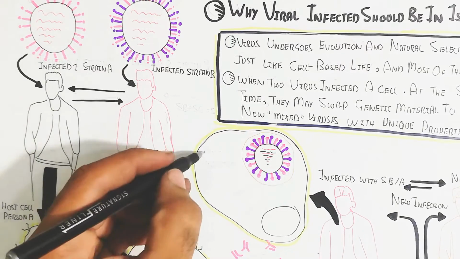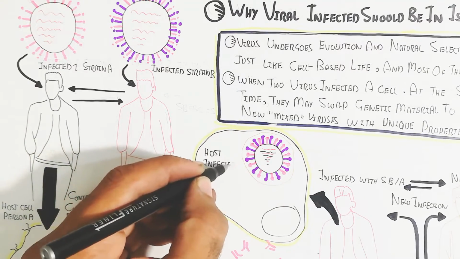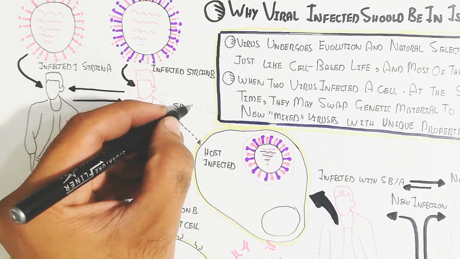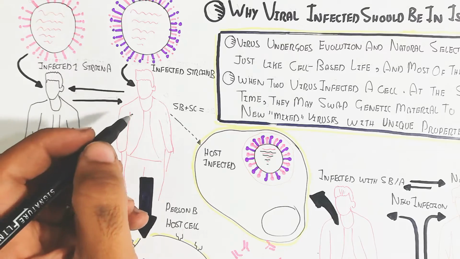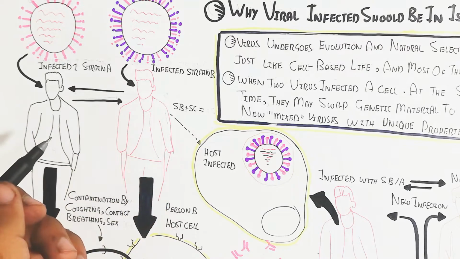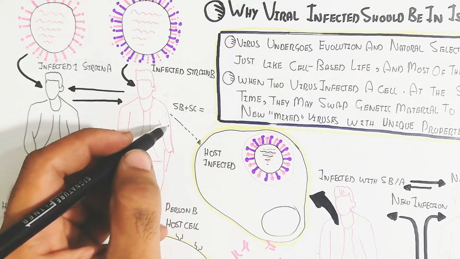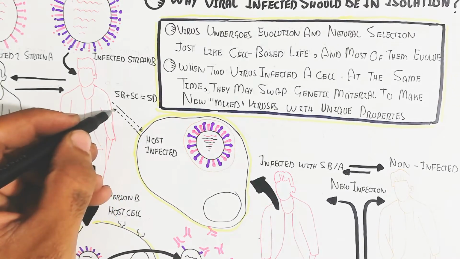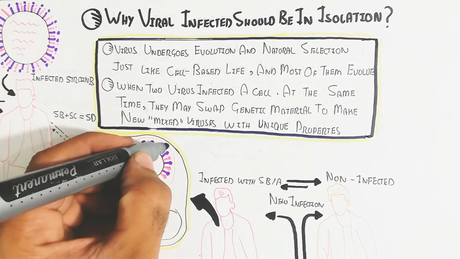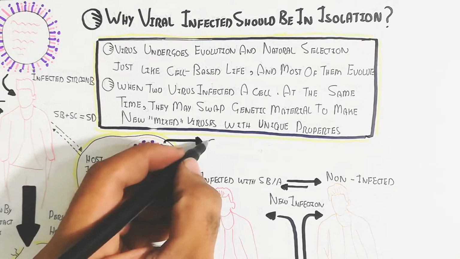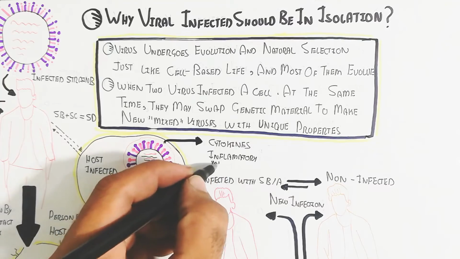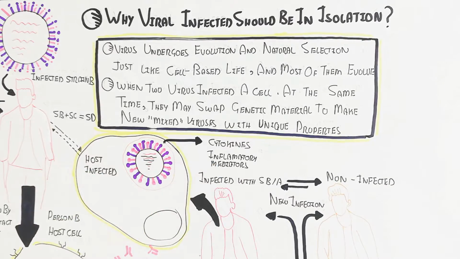So that is why isolation is very important for preventing the evolving mechanism. So in this host infected cell, strain C will again lead to cytokines and inflammatory mediators being produced, because it is a new strain formation, a new variant like the Delta variant and Omicron variant, and that is why we are concerned with COVID-19 in this video.